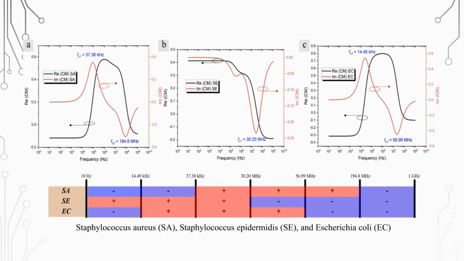You don't need to do any sample processing. It solves this challenge, because in other methods, let's say PCR or any other detection method, you have to take the sample and do some kind of treatment, so you make sure only the bacteria that you want to sense is there. But for our method, you just apply the specific frequency that will only isolate that type of cell, so you don't need to do this process at all.